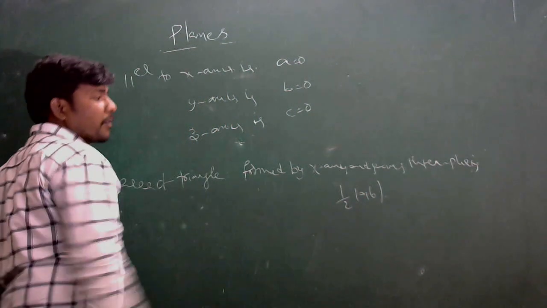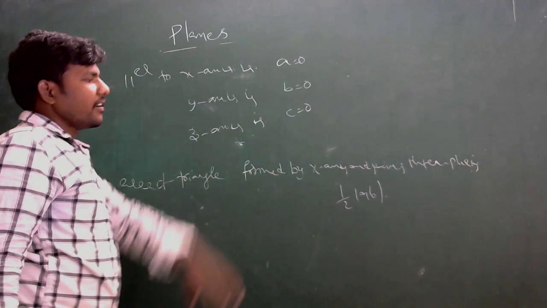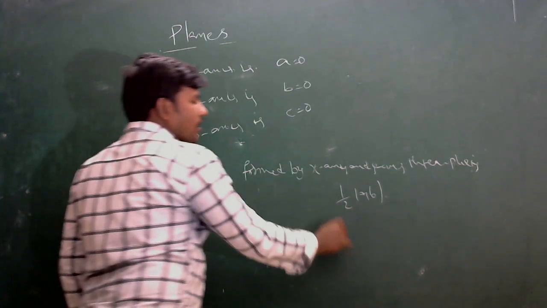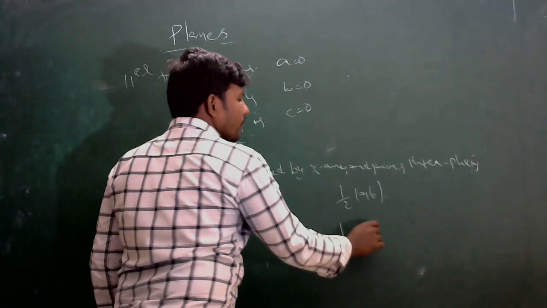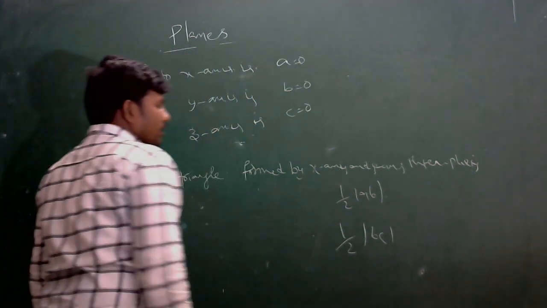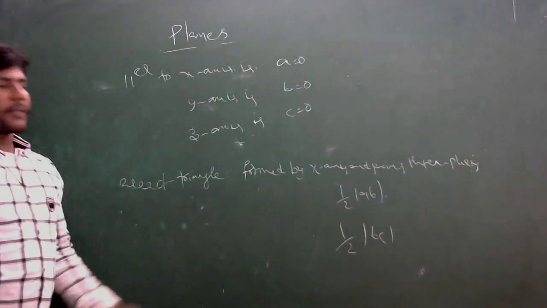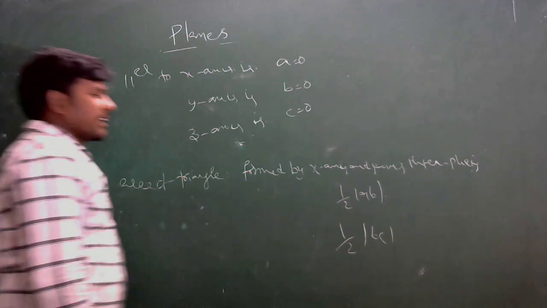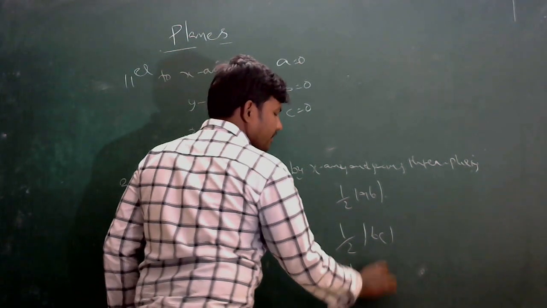The area of the triangle formed by the plane intersecting the y-axis and z-axis is half BC. The area of the triangle formed by the plane intersecting the x-axis and z-axis is half BC.